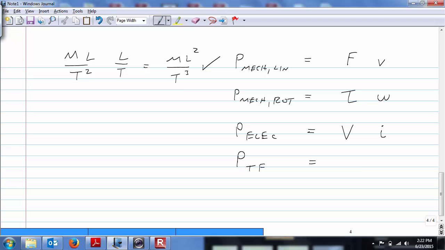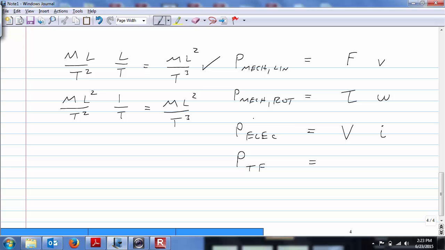For the rotational, as it turns out, torque actually has the same dimensions as energy, and that's mass times length squared over time squared. Angular velocity is just measured in hertz, so that's 1 over time. And again, we're going to get mass length squared over time cubed.